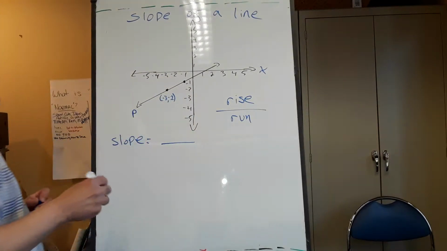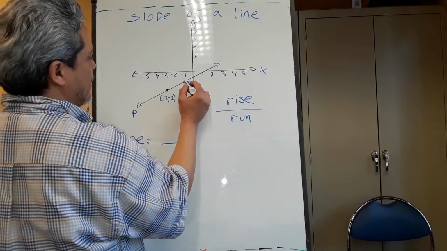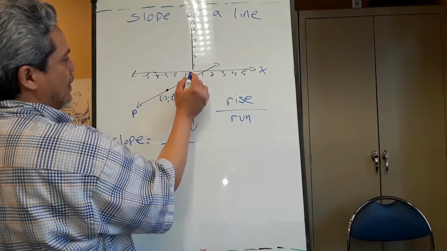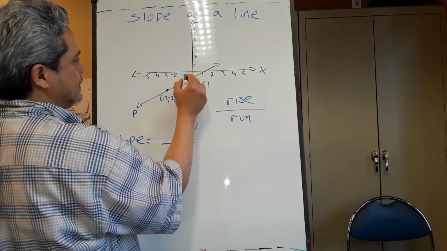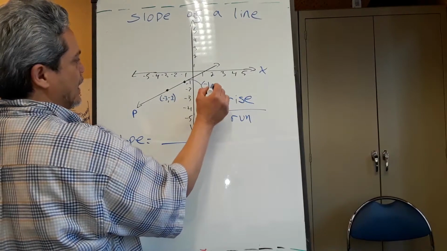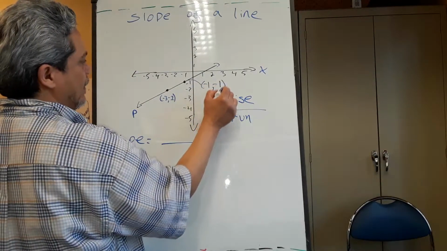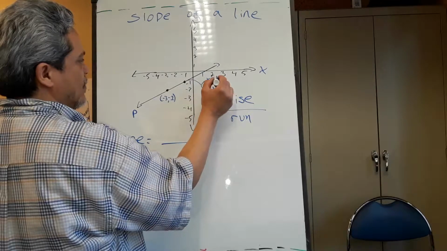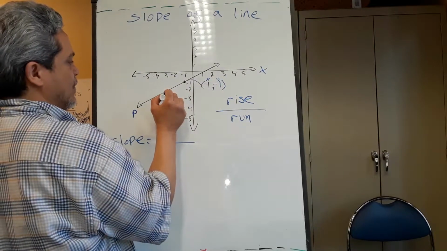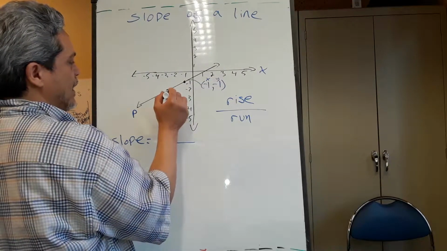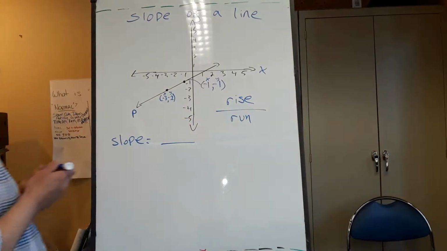And this point here is -1 and -1. On the x it's -1, and the y is -1. Over here the x is -3, and the y is -2.